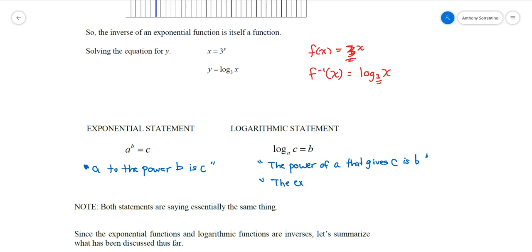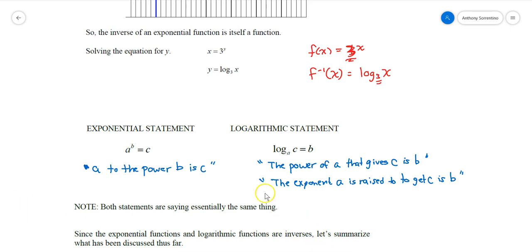the exponent a is raised to get c is b. So those are basically the way you would translate that into English.